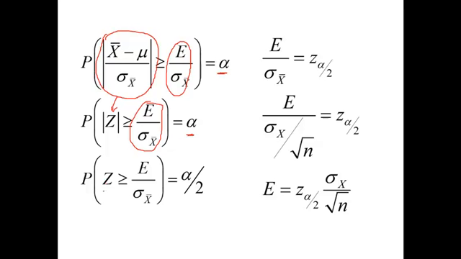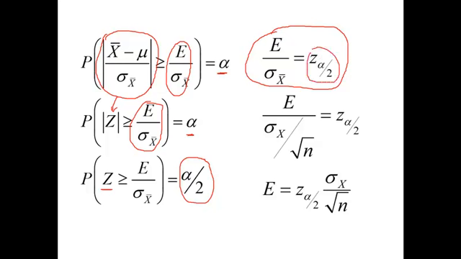Well, by the symmetric properties of the normal curve, I can take off that absolute value at the price of dividing my sigma by 2, and so I can say that this e over sigma x bar is equal to my z sub alpha over 2, right?